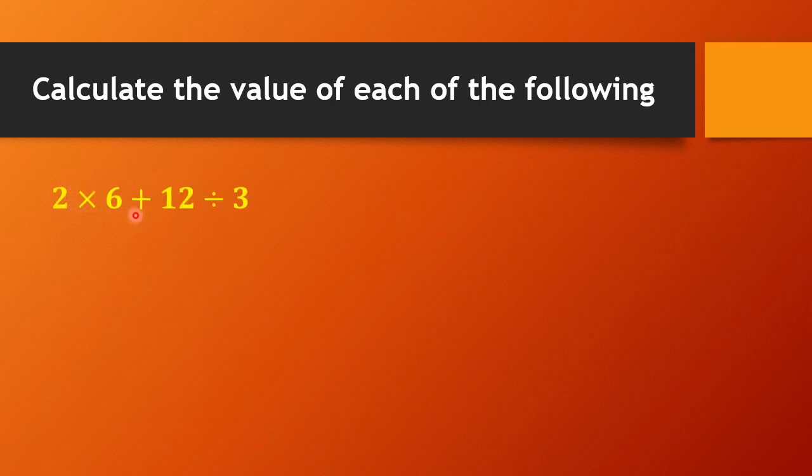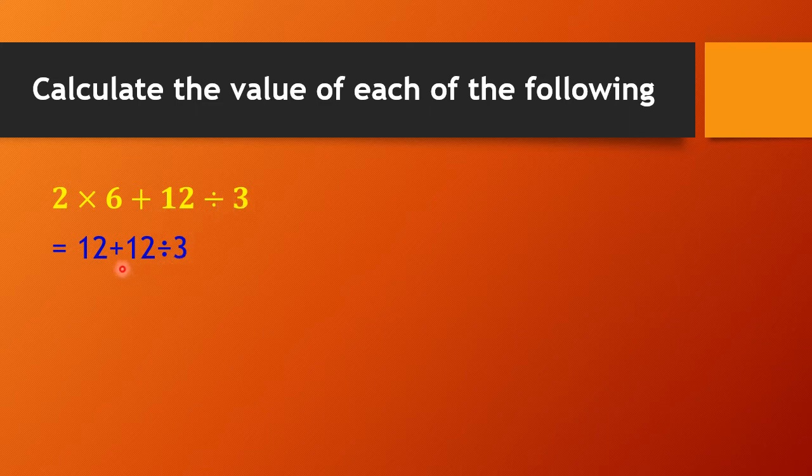2 times 6 plus 12 divided by 3. The first operation is multiplying or dividing. We will multiply because this is the first operation. 2 times 6 equals 12, plus 12 divided by 3.